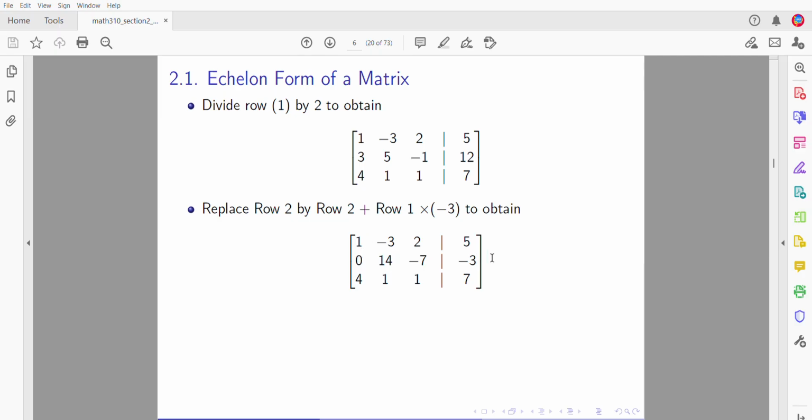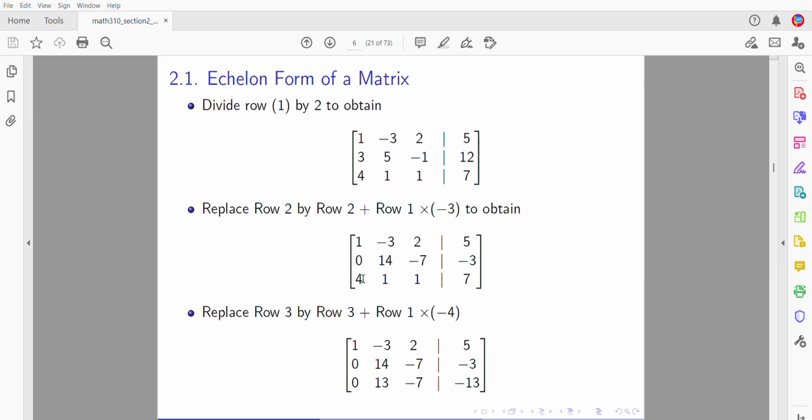Now you're going to take this row, multiply by -4, add it here. Replace row 3 by row 3 plus row 1 times -4.